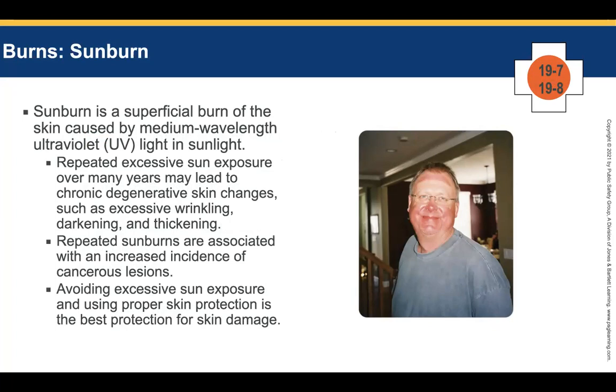The UV light reflects off the snow, and it can be very superficial, or it can penetrate through layers of skin and be very painful and take several days to a week or more to heal.